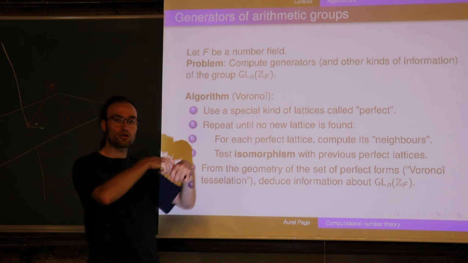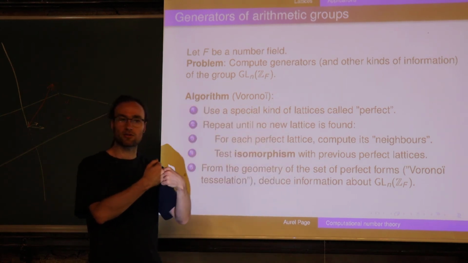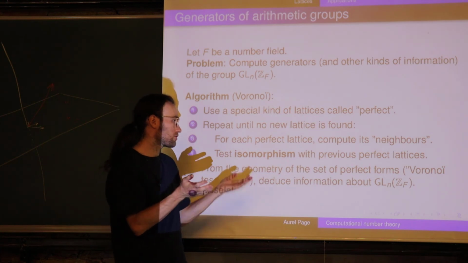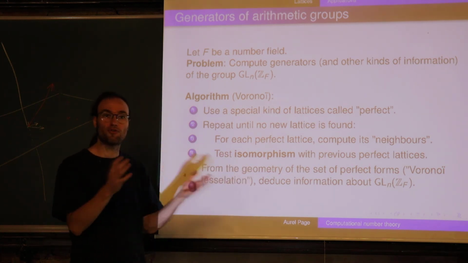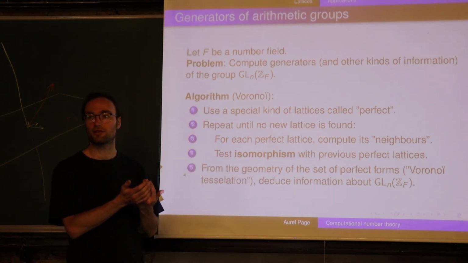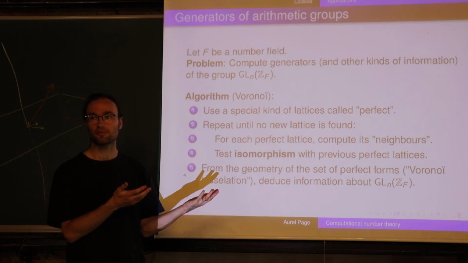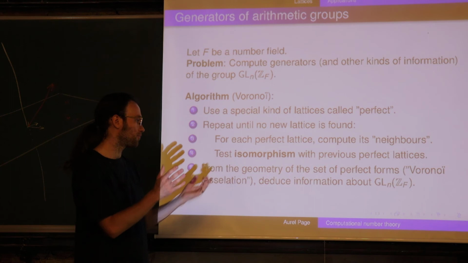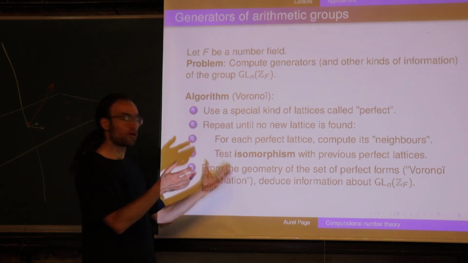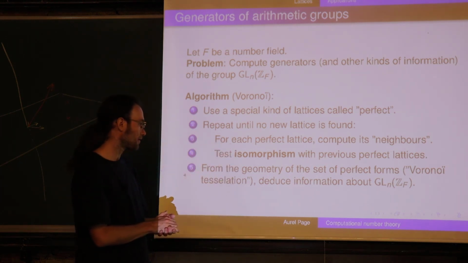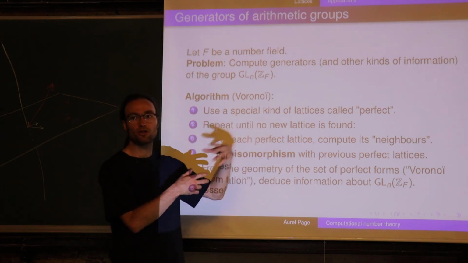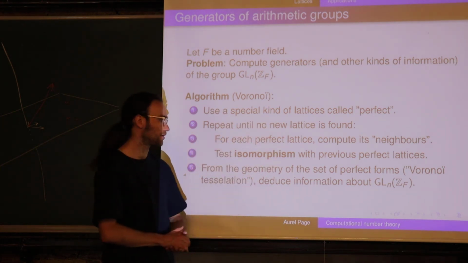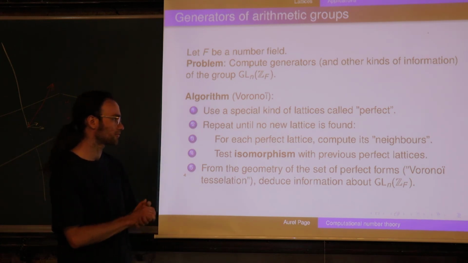And then you keep going, you compute neighbors, and you test if they're isomorphic to the previous ones, etc. And, well, Voronoi's theorem is that there's only finitely many perfect lattices. So this will eventually stop. And once you have the whole set of perfect lattices, you can exploit their geometry to deduce information about this group GLN of Z, so generators and other kinds of interesting information.